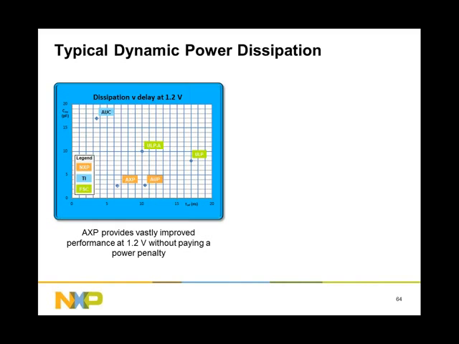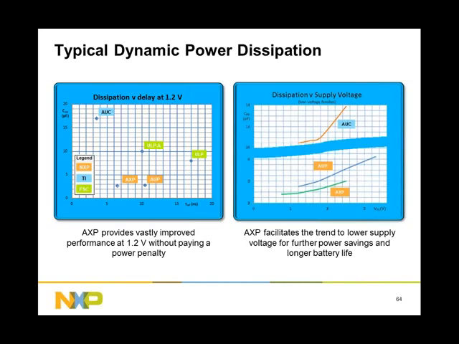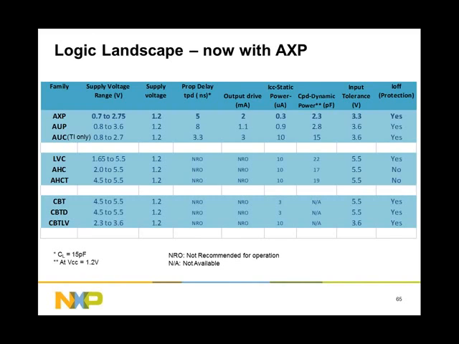If you really need high speed, then you have to consider an AUC device, which has a typical prop delay of about 3.5 nanoseconds, but its dynamic power consumption is up there around 17 picofarads. If you look at the power dissipation versus supply voltage, again you see that the AXP is the lowest, and as the supply voltage goes up, the AUC device's power consumption goes way up from 14 picofarads up to about 20.